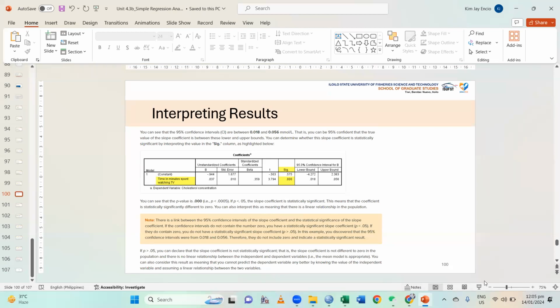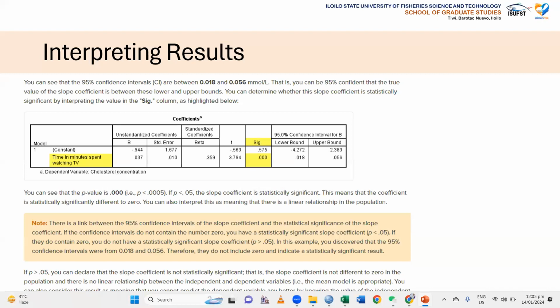Okay. Remember this? If the value of the p-value or the sig is greater than 0.05, then you cannot use that variable to predict the dependent variable.